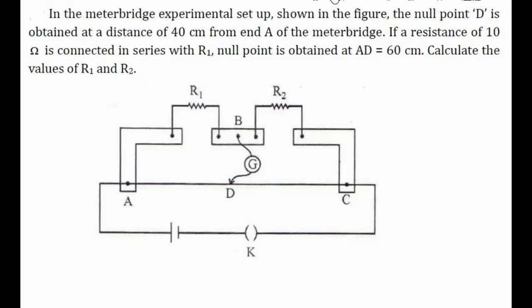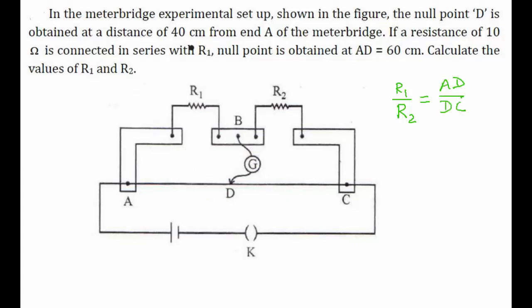So, as we know that in a meter bridge, the resistance ratio, that is R1 by R2, depends on this value of D. That means this ratio R1 by R2 is equal to the ratio of AD by DC, right?